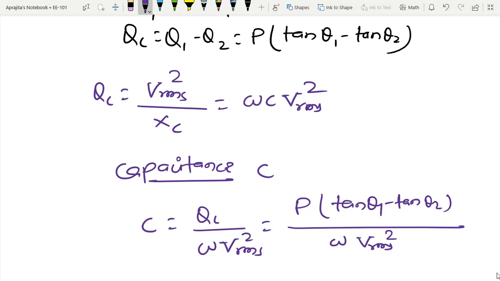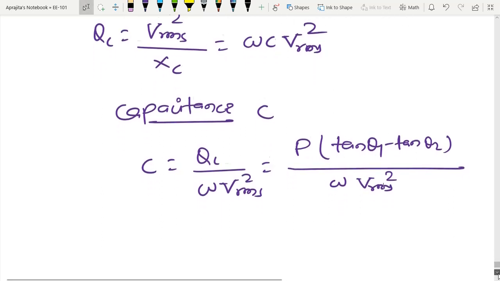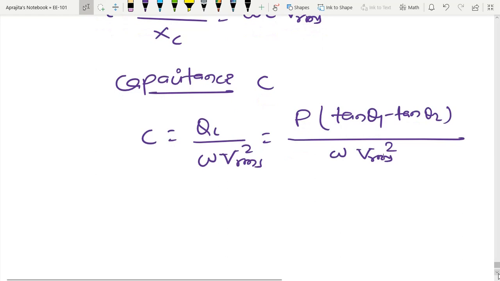And it is important to observe here that the real power P dissipated by the load is not going to be affected, because we are adding the capacitor, and the average power which is dissipated across the capacitor is equal to 0.